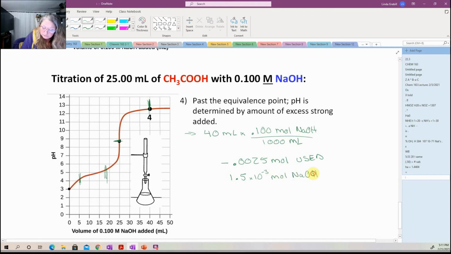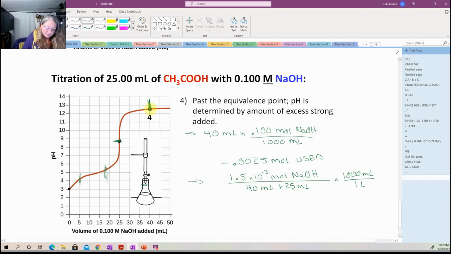Those moles now live in this total volume. So my flask is getting pretty darn full at that point. What do I have? This is divided by my 40 milliliters. That's what I know I've added of my sodium hydroxide, plus the initial 25 milliliters that I had of my acid. And then I want to convert that into liters per 1 liter. This right here gets me the molarity of my sodium hydroxide once I get to this point.